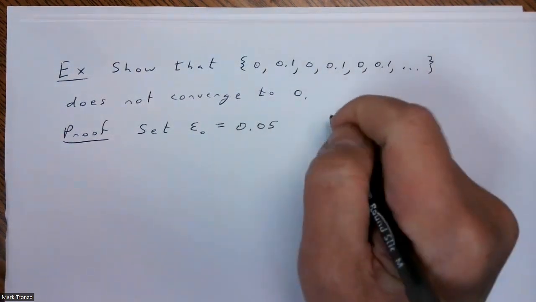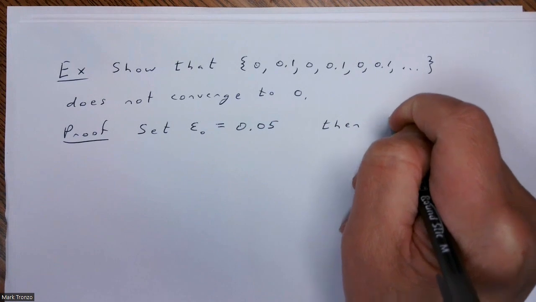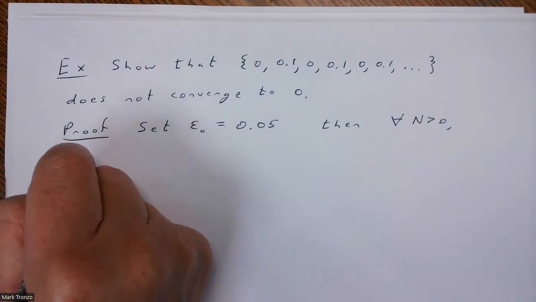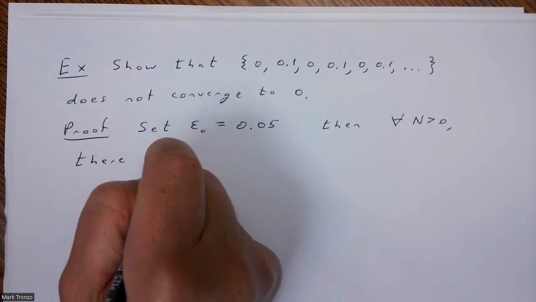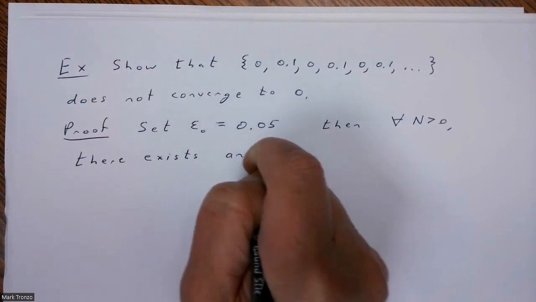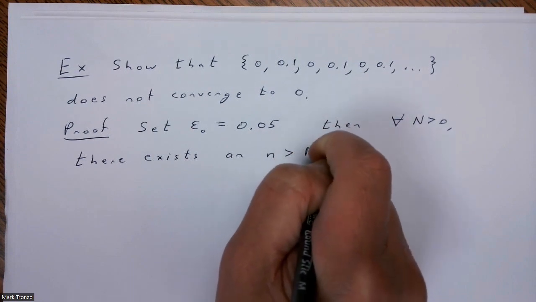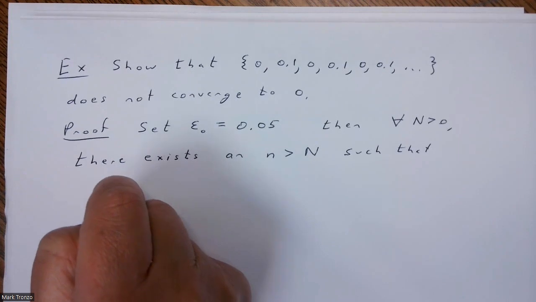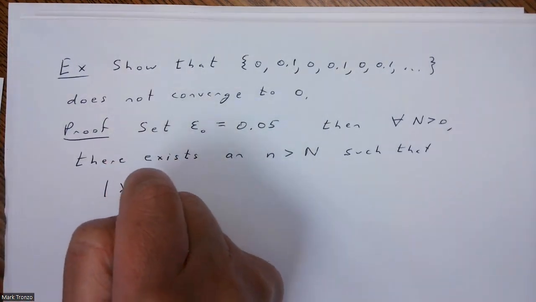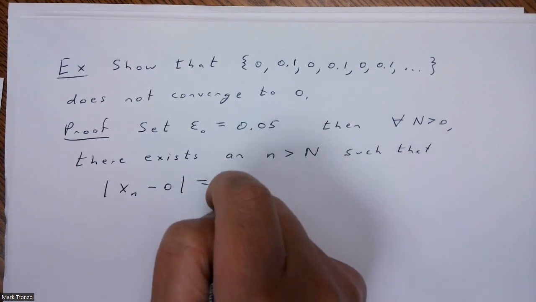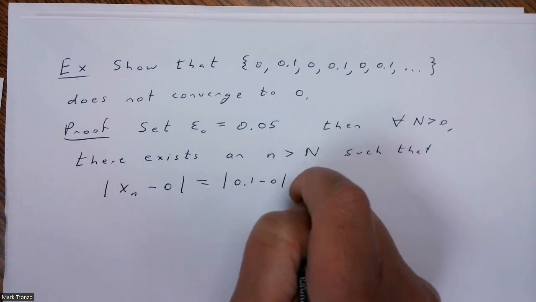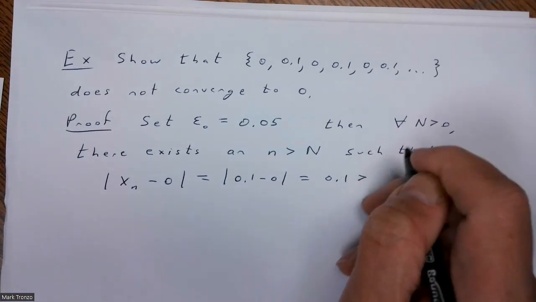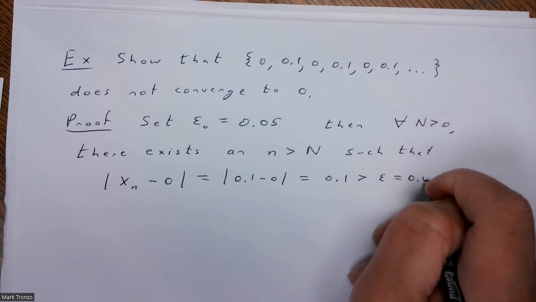So set that, then for all N, there exists an n greater than that N such that the absolute value of xn minus 0 is equal, in fact, we can put even the 0.1 minus 0 is equal to 0.1, which is greater than our epsilon, which was 0.05.